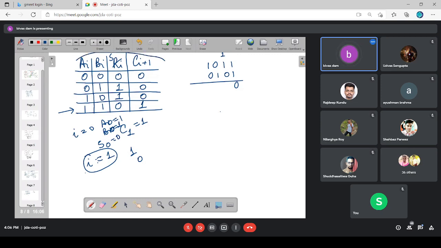But the logic that I have represented here, with this logic description, can you accommodate that incoming carry? Is it possible?